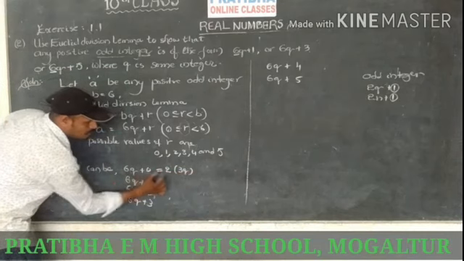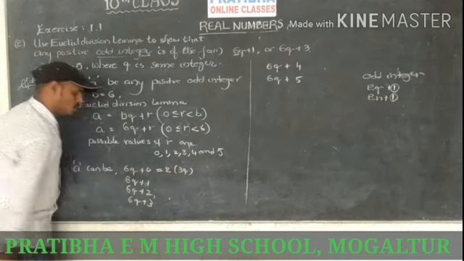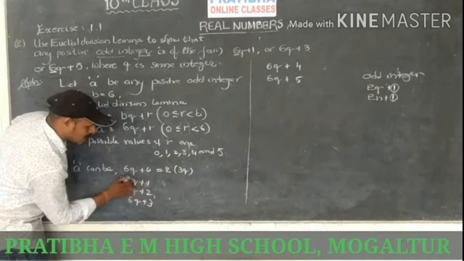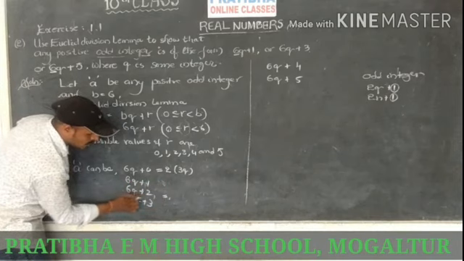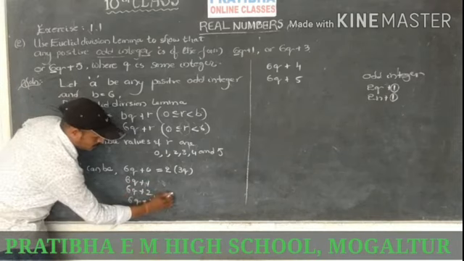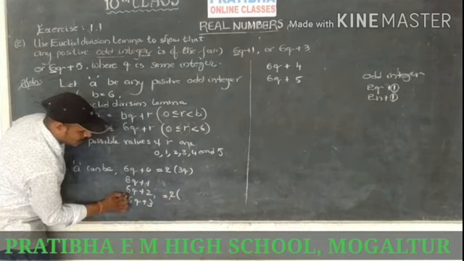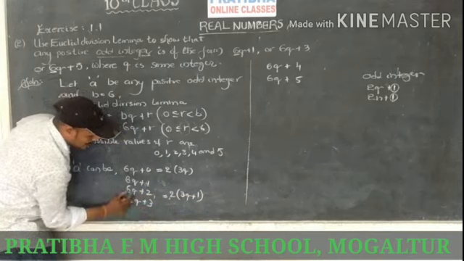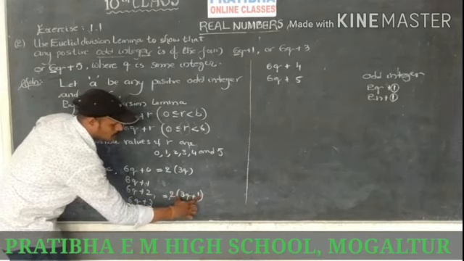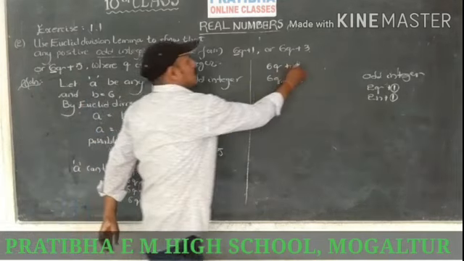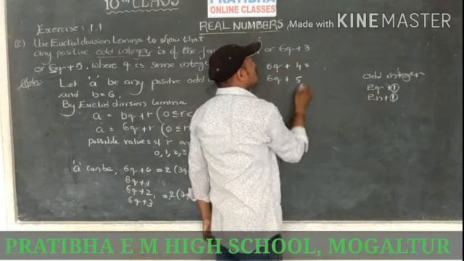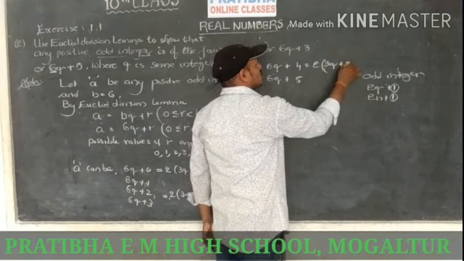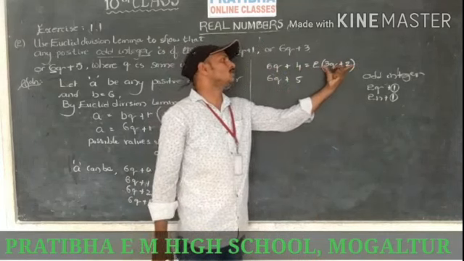That means you can write it as a multiple of 2. 6q we can write as a multiple of 2, and 6q plus 1 is not a multiple of 2. Taking 2 as common in 6q plus 2, 2 goes into 6 three times, 3q plus 1, so we can write 6q plus 2 as 2 into something. Also 6q plus 4: in 6, 2 goes three times, in 4, 2 times, so we can write 6q plus 4 as 2 into something.